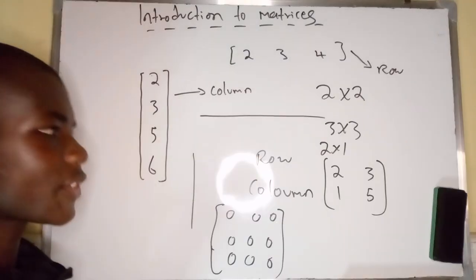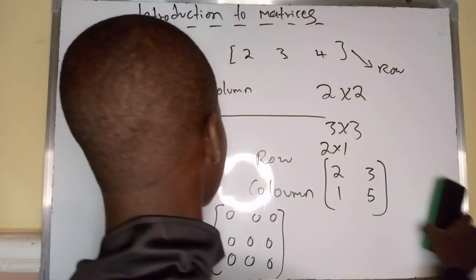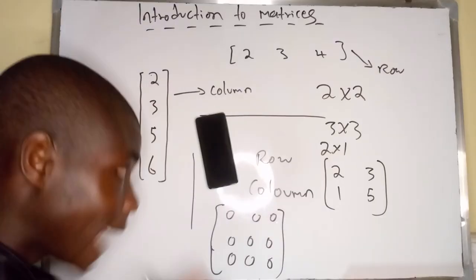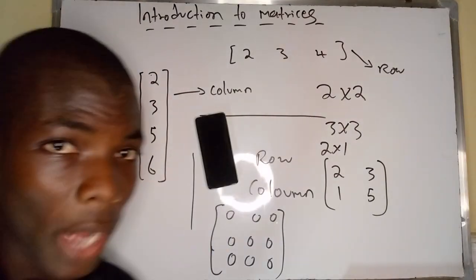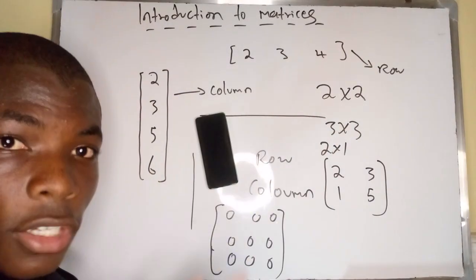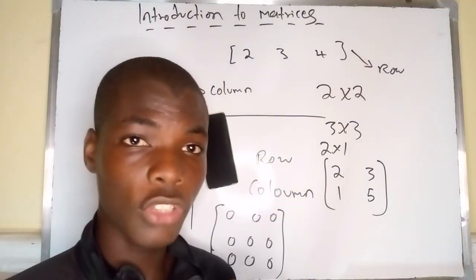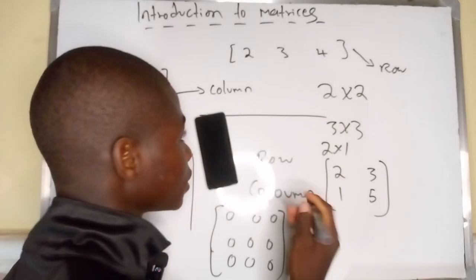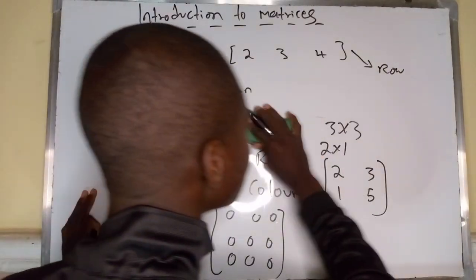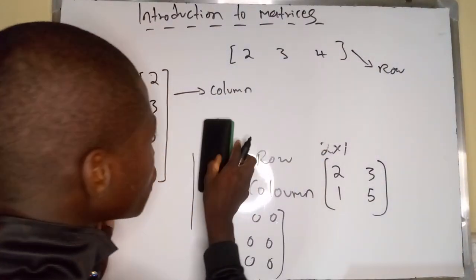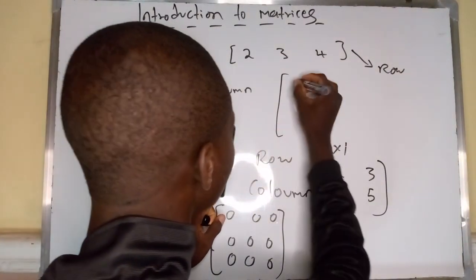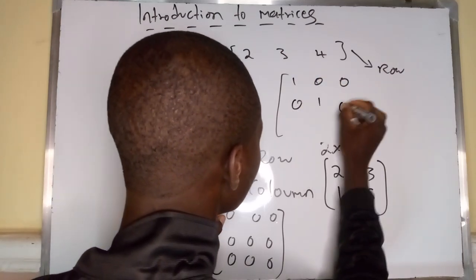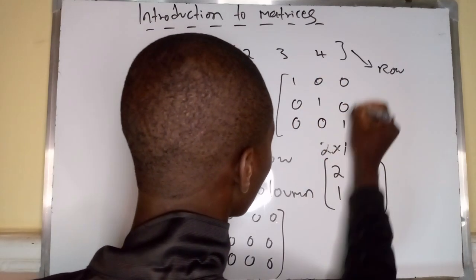What is the identity matrix? It is a matrix whereby the diagonal is 1, but the rest of the elements of the matrix are 0. Let me show you how the identity matrix looks: 1 0 0, 0 1 0, 0 0 and 1.